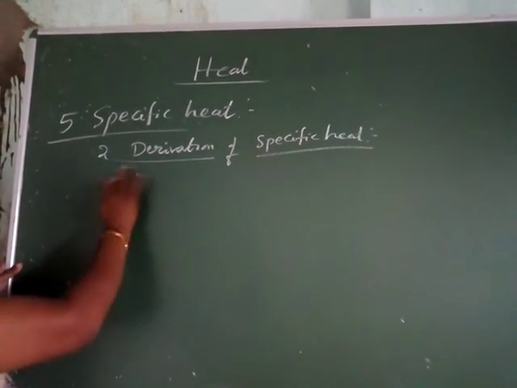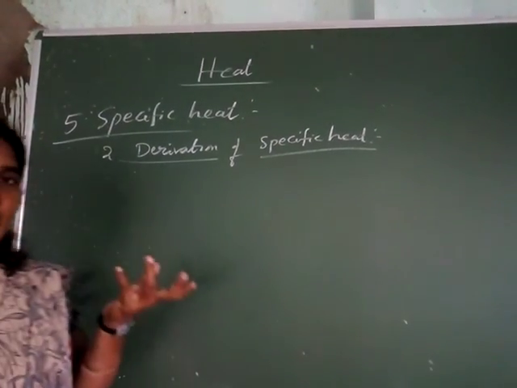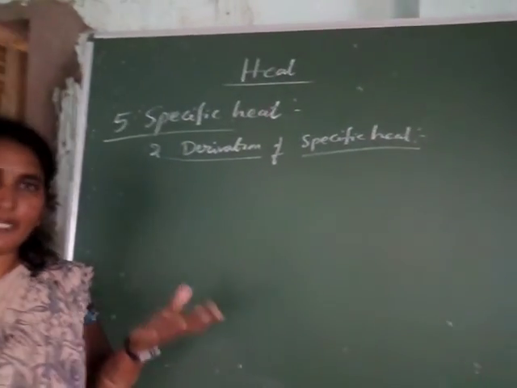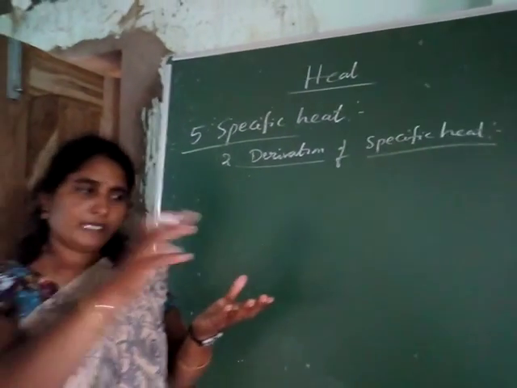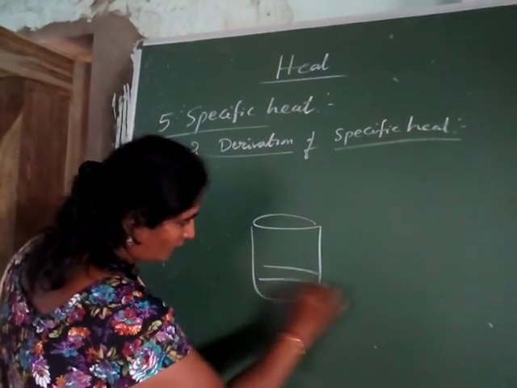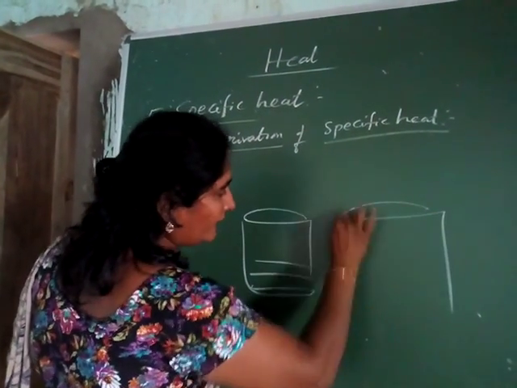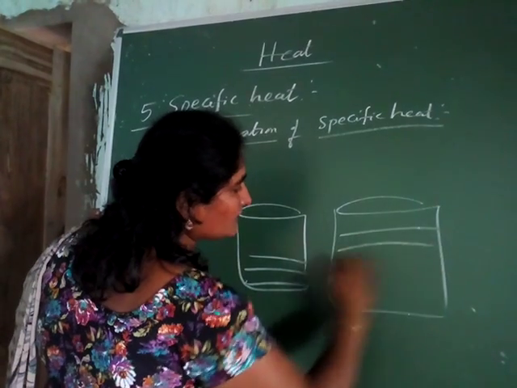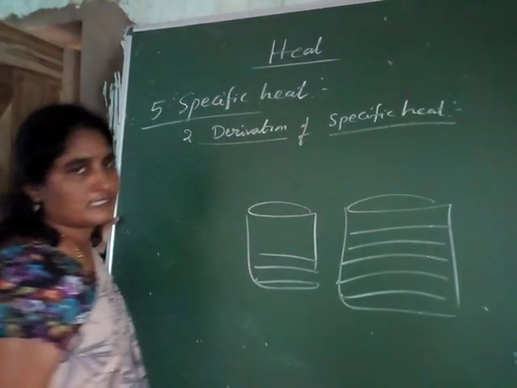What is derivation? First you see here, I am telling you one good example. You take two containers. In one, you take a less quantity of water. You take another container with a larger quantity, that means more quantity is there.